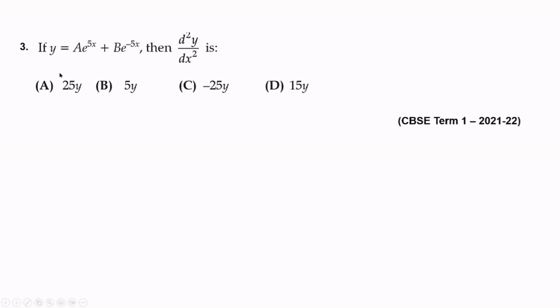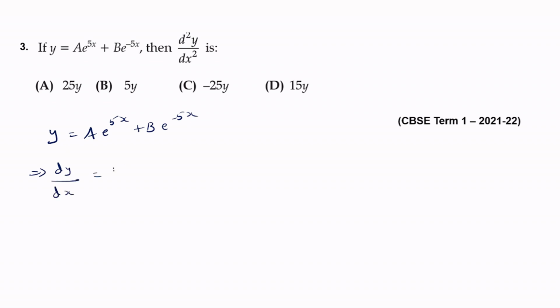Now we have the next question, if y equal to a e raised to 5x plus b e raised to minus 5x, then we have to find d square y by dx square. So here y is given as a e raised to 5x plus b e raised to minus 5x. So from this we can differentiate y.